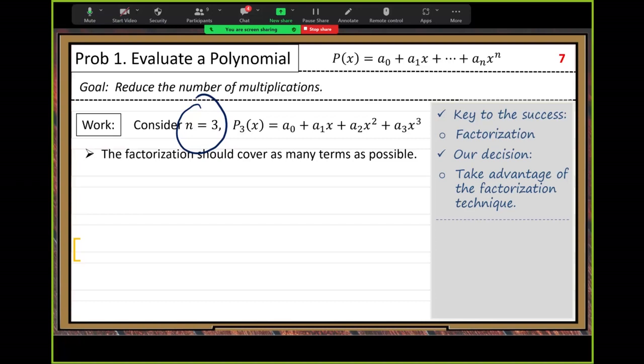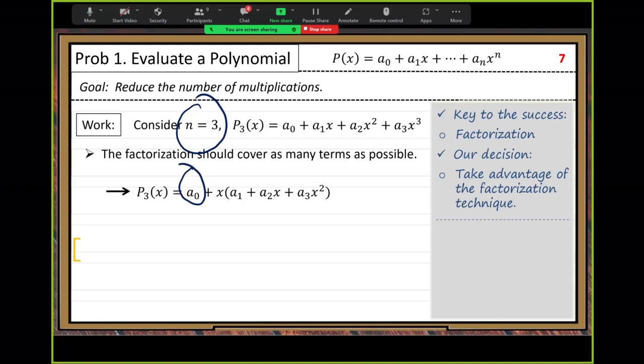We know this direction, but we need to fix the details here. The factorization should cover as many terms as possible. Here we have a total of 4 terms, but when we look at the common factor, we have to ignore the first term. If we include the A0 term, then we do not have a common factor.